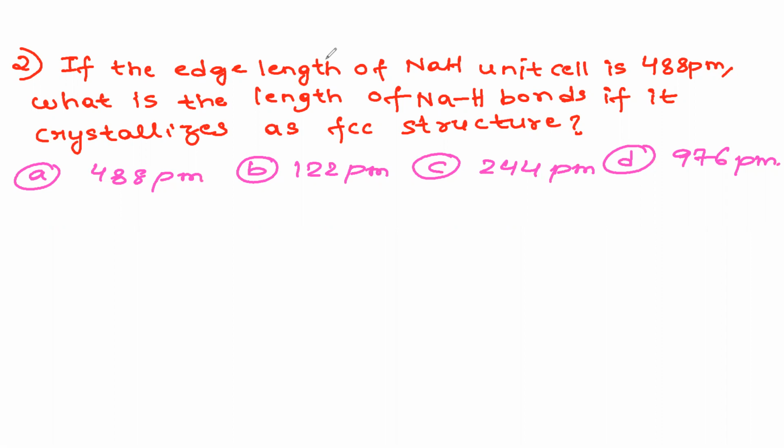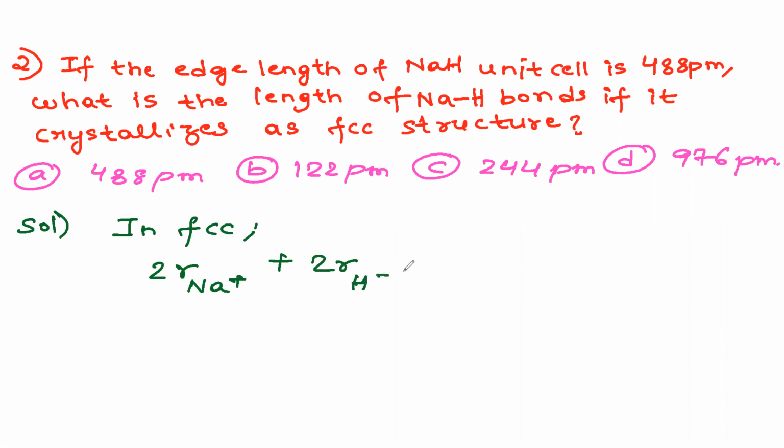In FCC structure, that is face-centered cubic lattice, 2 into radius of sodium ion plus radius of H minus ion, because in NaH we have Na plus and H minus, is equal to 488 picometers.